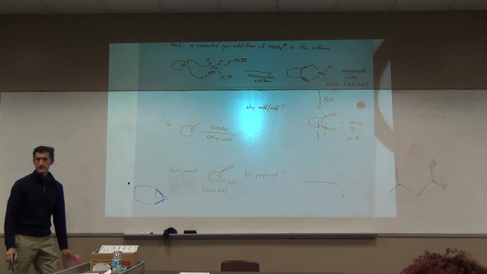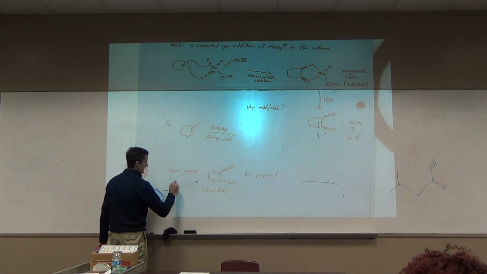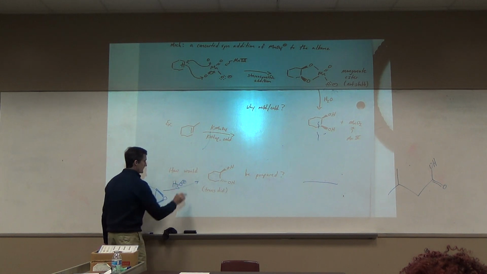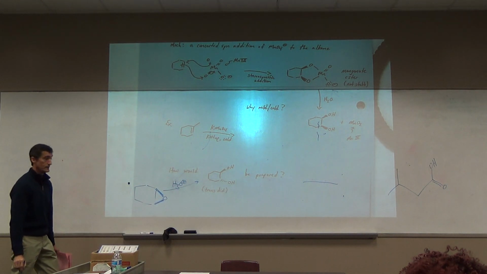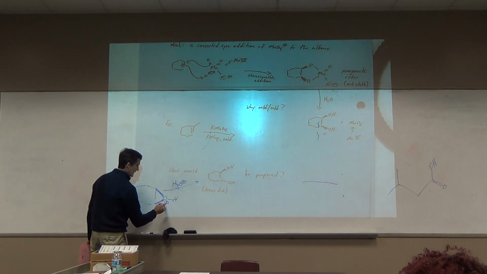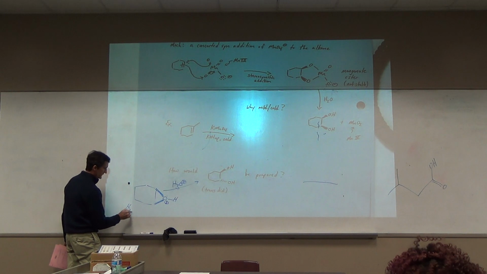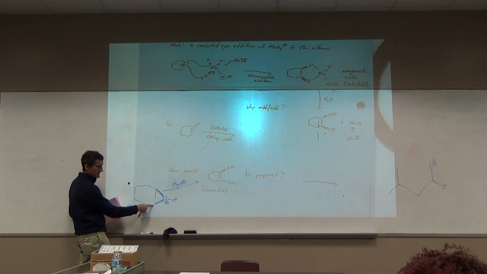I'd make it from the epoxide, and maybe like H3O+. Yeah. Mechanism: protonate your epoxide, right? And then water attacks, right? Top or bottom doesn't matter. How's it going to attack this carbon?